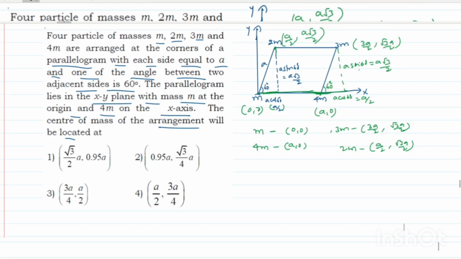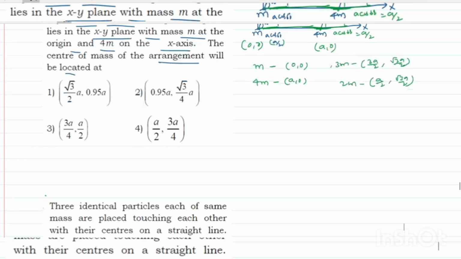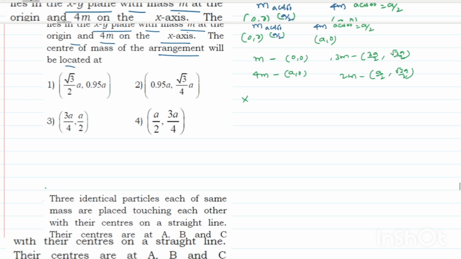Now let us calculate the center of mass. So in a plane, you can take xcm and ycm, students. Xcm is equal to m1 x1 plus m2 x2 plus m3 x3 plus m4 x4 by m1 plus m2 plus m3 plus m4.